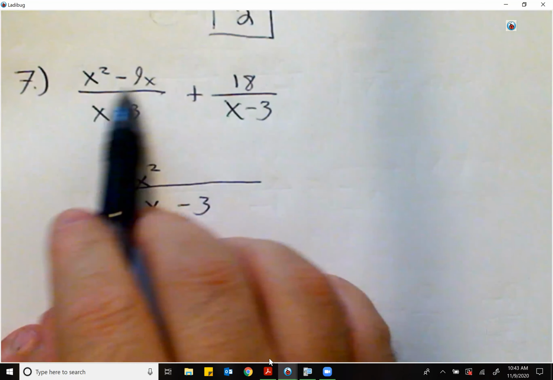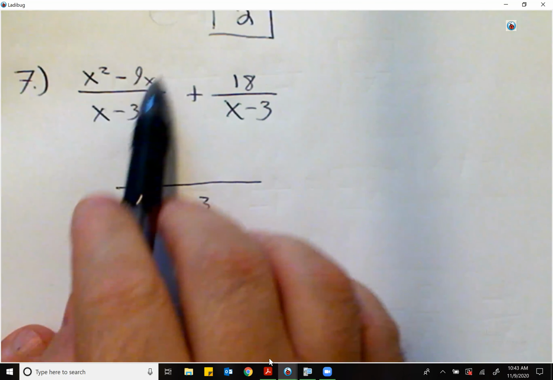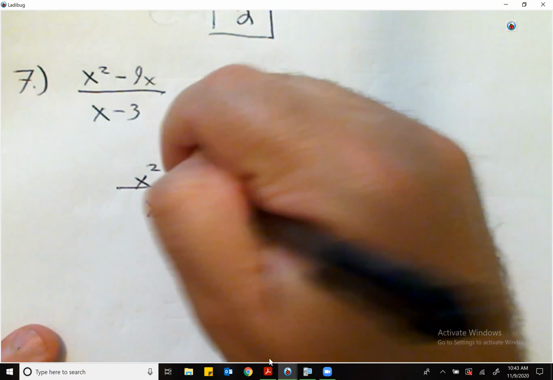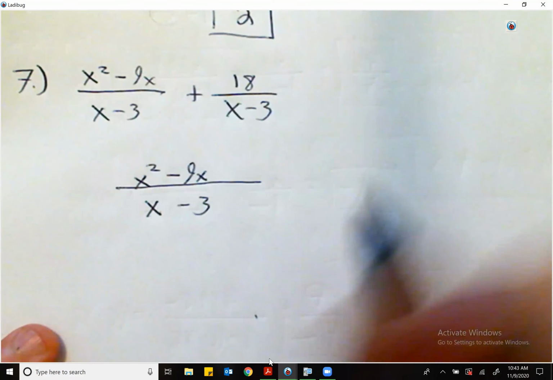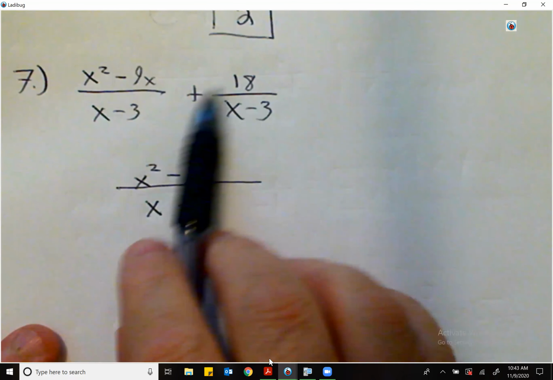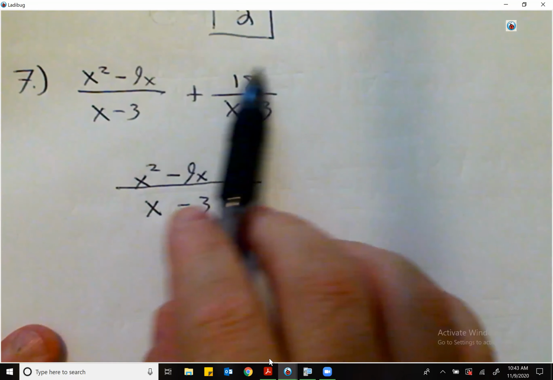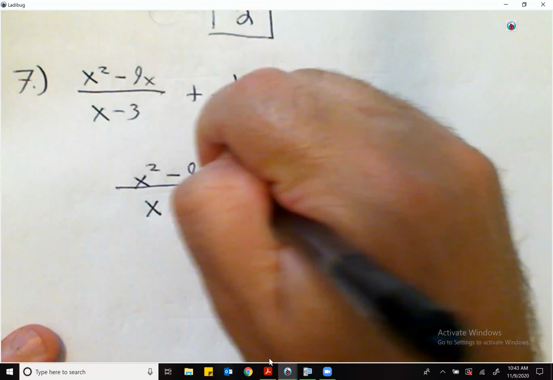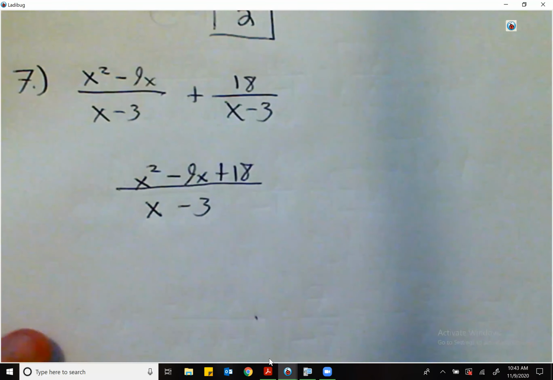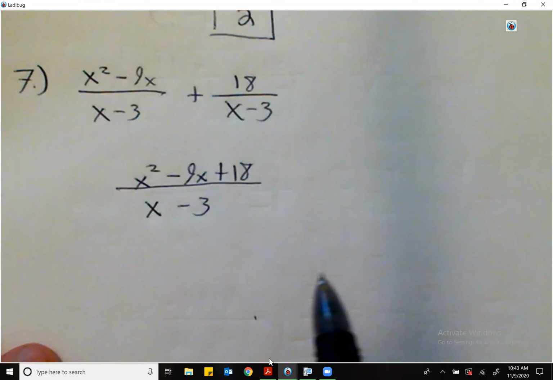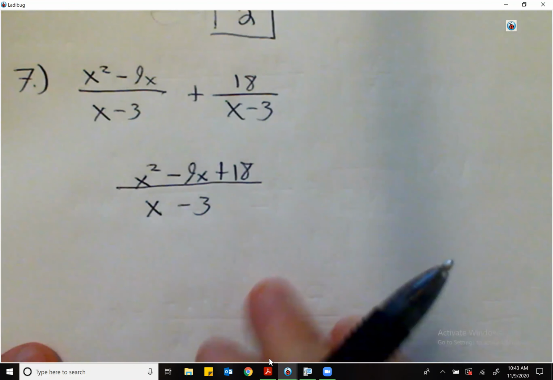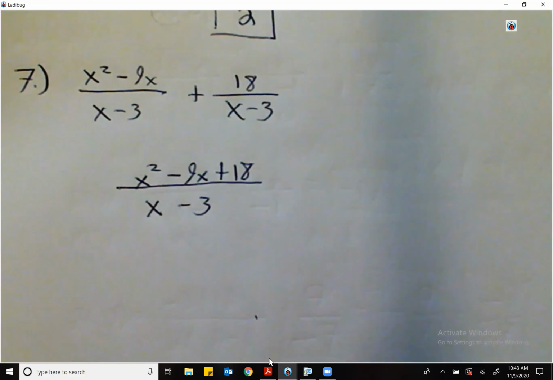Now is the time where we do what we did earlier on two problems: we want to simplify. Now you want to factor this. What does that numerator factor to? (x minus 6)(x minus 3), over x minus 3. Cancel.